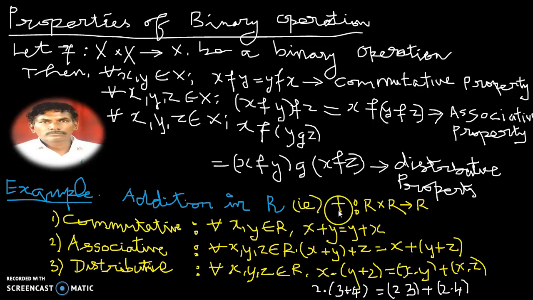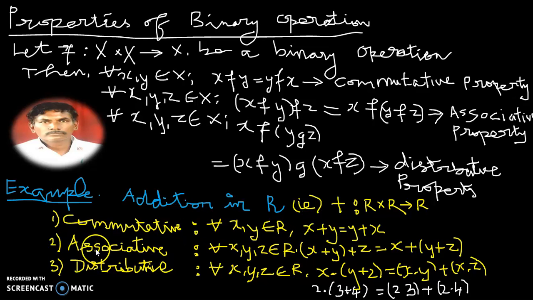So this plus is a binary operation that satisfies the condition for the commutative property. That means we can commute x and y in any way. You take the first element and apply the operation on the second element, or take the second element and apply the binary operation on the first element. Either way we can commute, and this property is called commutative property.